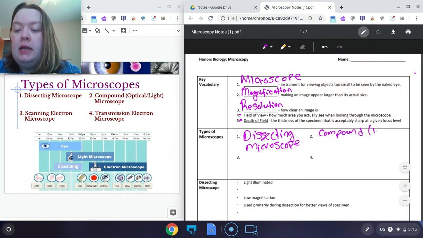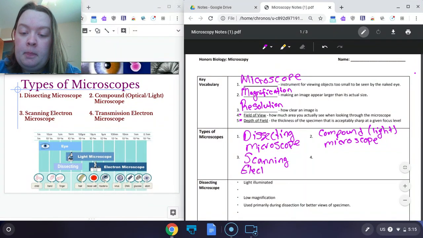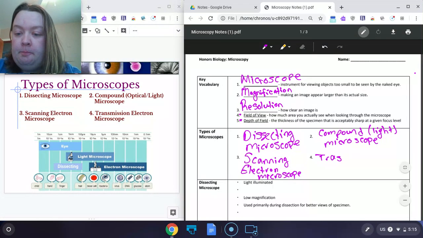So compound and light, you can go by either name. Two that we will discuss, but we're not actually going to use, and that I've actually never used because they are very, very pricey, are the scanning electron microscope as well as the transmission electron microscope.